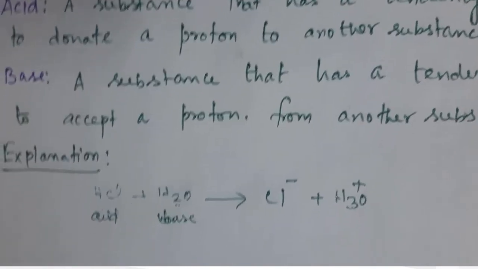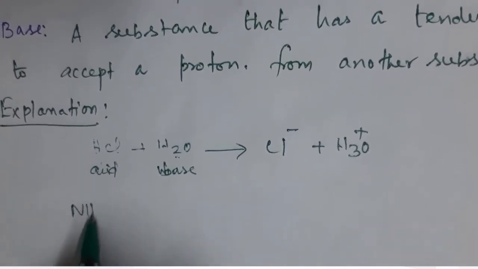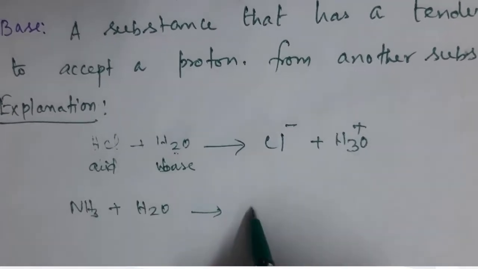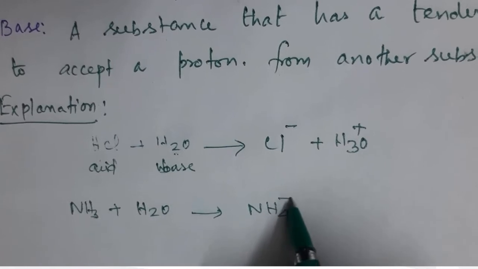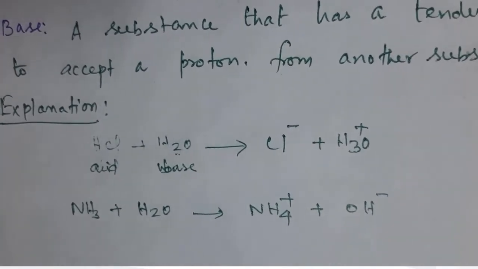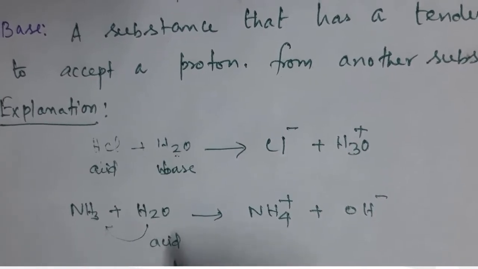Clear? One more example. In case of ammonia, ammonia reacts with water to give NH4 plus ion, the ammonium ion, and OH minus. Here water donates a proton to ammonia, so it is an acid.